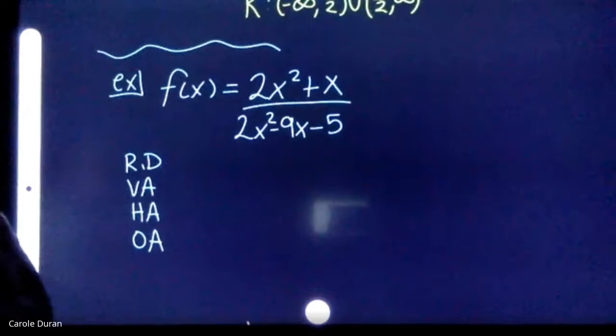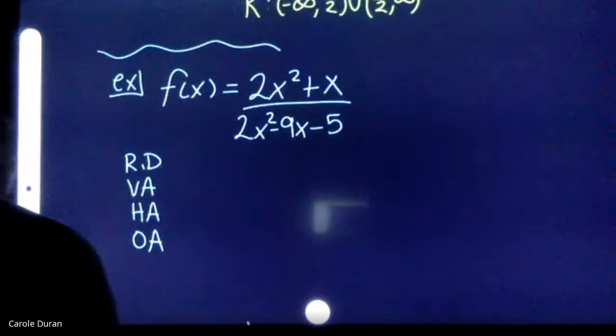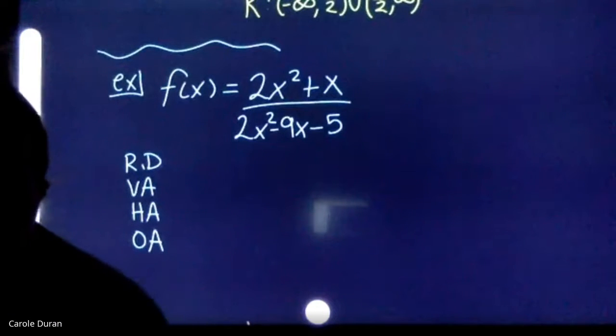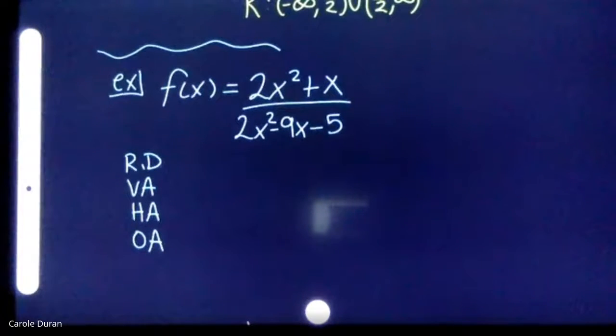I like to start with my removable discontinuity. What am I looking for when I'm looking for that removable discontinuity? Devin can't answer and Zach can't answer. So somebody else, how do I find that removable discontinuity?